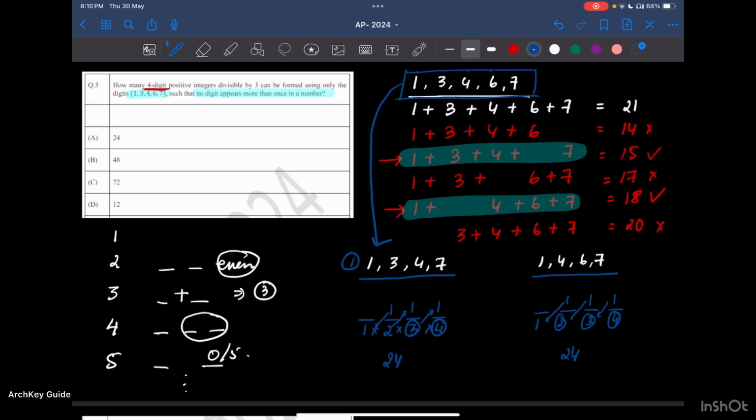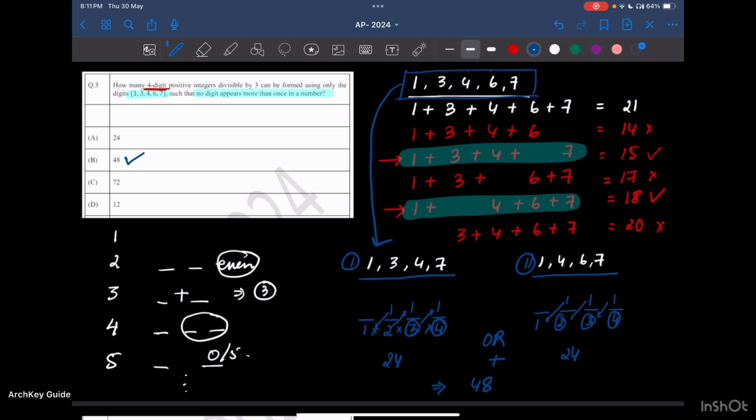One is case 1 and one is case 2. Fine. So the total number of possibilities would be either this or this. Okay? When I say or, it means adding up. So the total possibilities we have got is 48, which means the answer is option B.